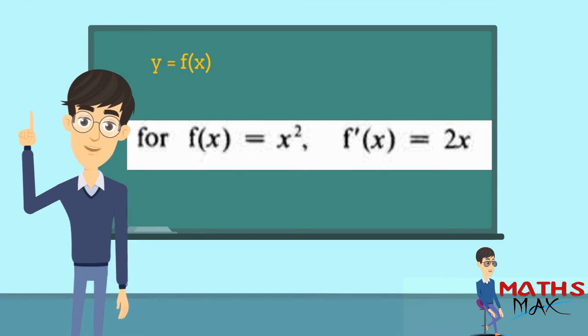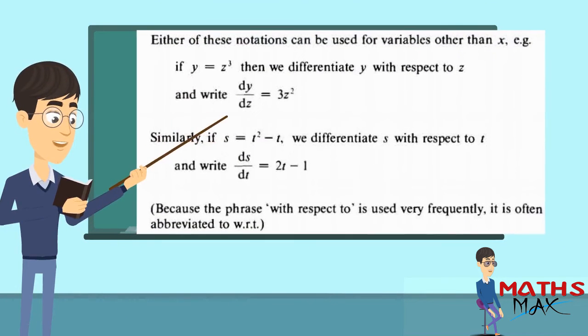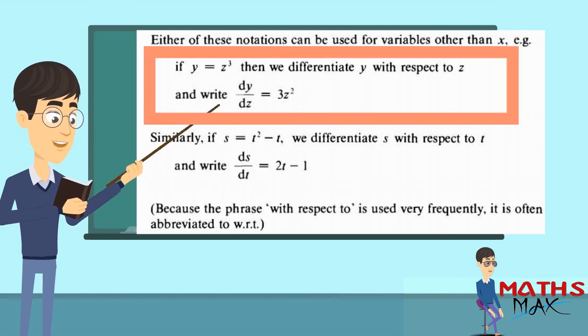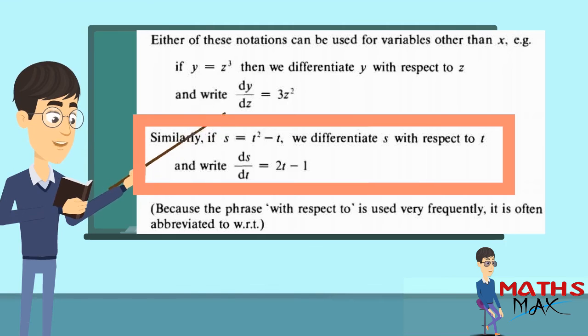Then we know f'(x) is equal to 2x. In this form, f' means the gradient function, or the derived function. Either of these notations can be used for variables other than x. Let's look at this example. If we differentiate y with respect to z, we can write like this. Similarly, we can differentiate s with respect to t.